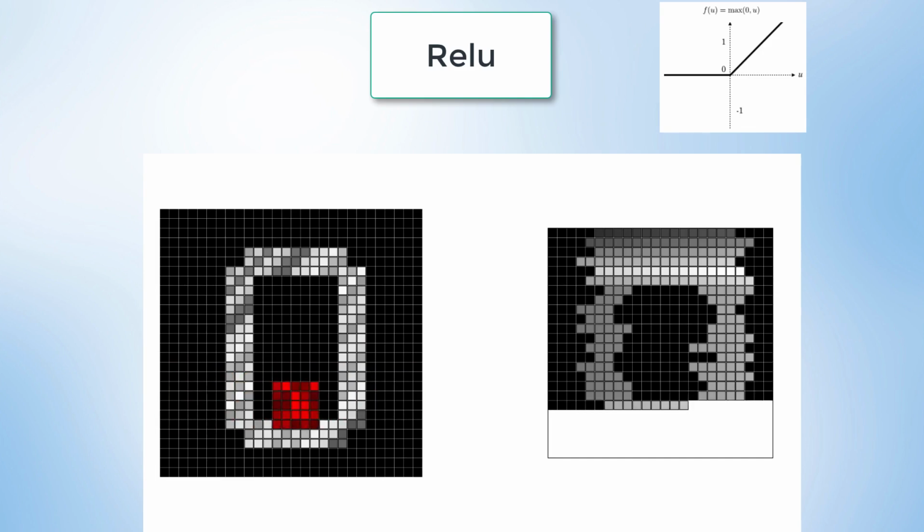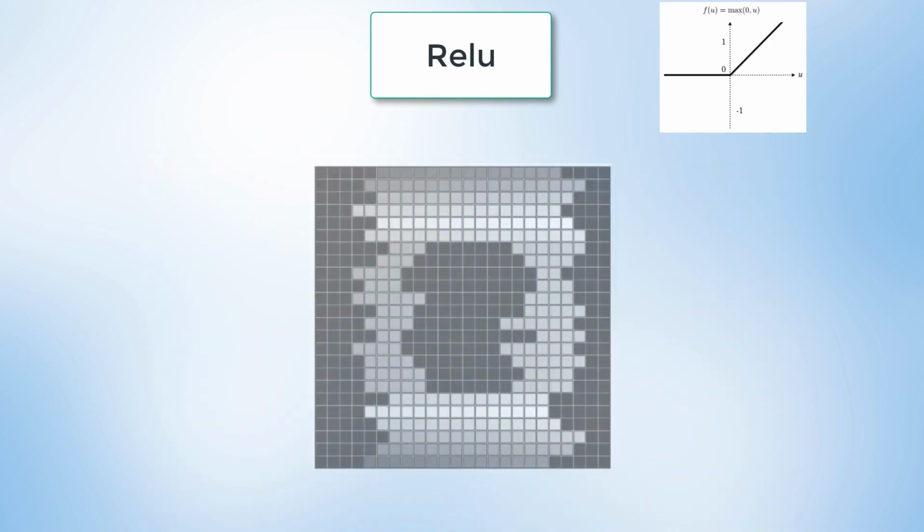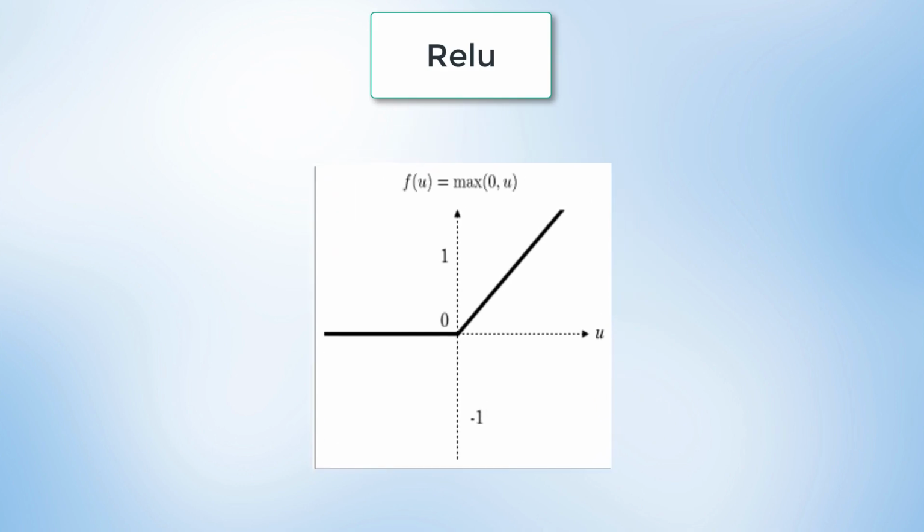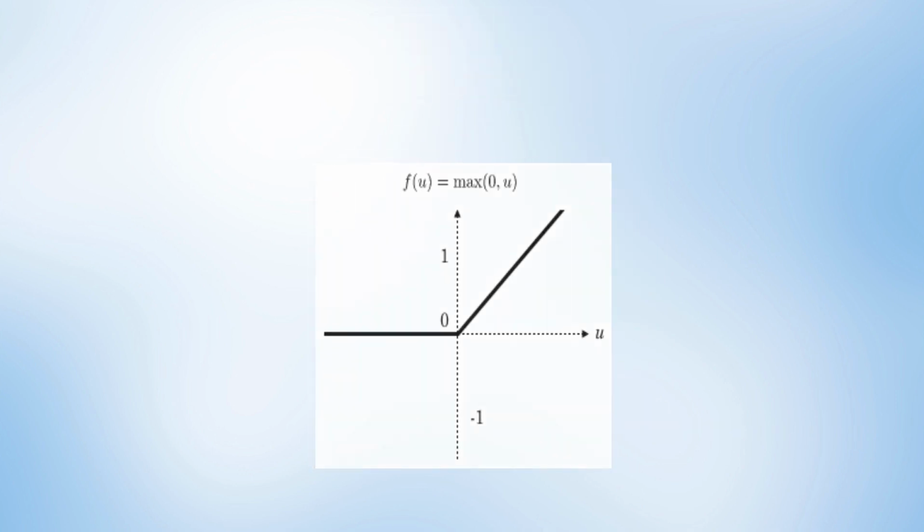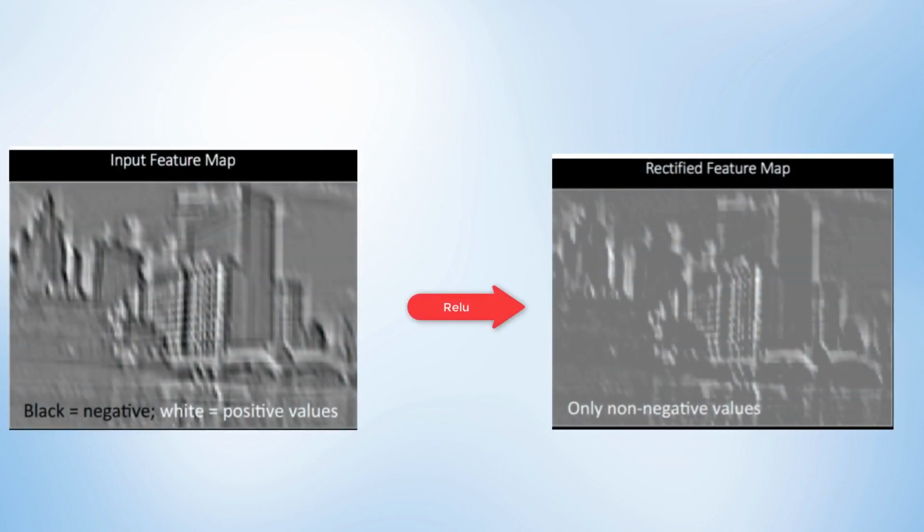This is a linear operation, resulting in a linear feature map, to which the ReLU function is used to introduce nonlinearity. Here's an example of a feature map, to which we apply the ReLU activation function, and what it does is it converts all the negative pixel values in the feature map to zeros.